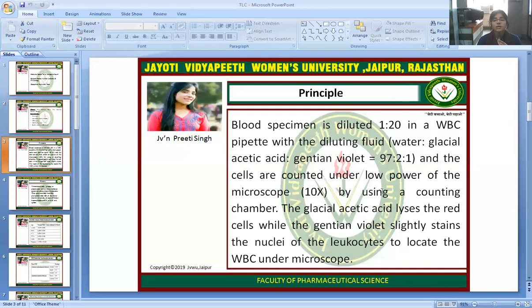By using a counting chamber, the glacial acetic acid lyses the red cells while the gentian violet slightly stains the nuclei of the leukocytes to locate the WBC under the microscope.